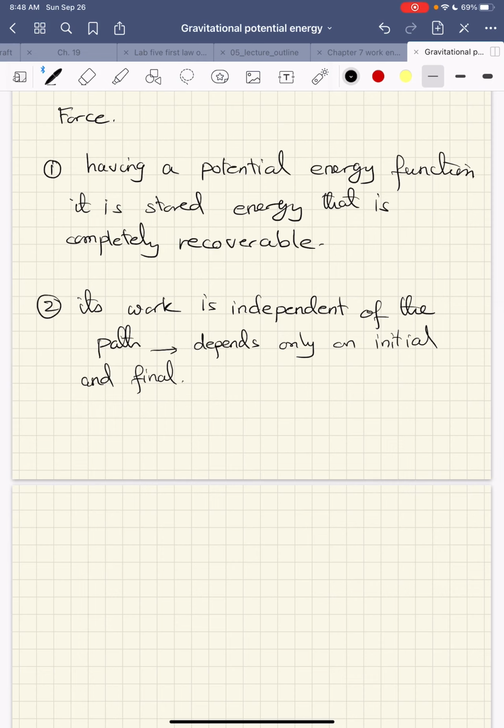All right, then these are really the characteristics of conservative forces.